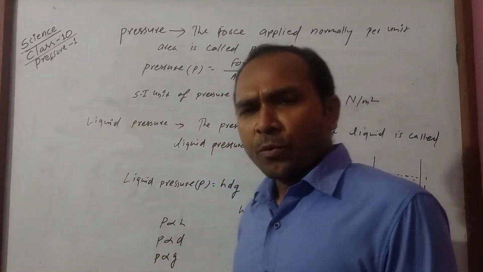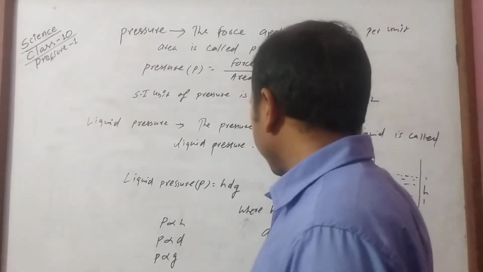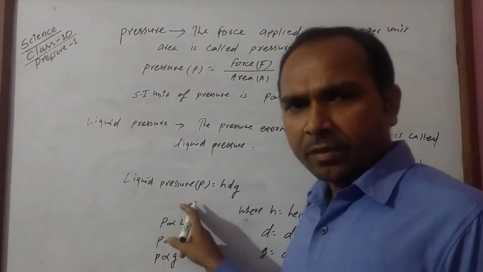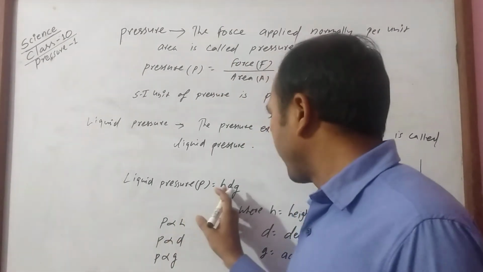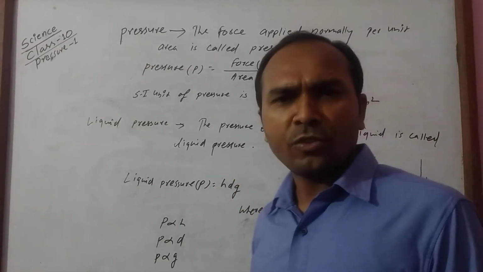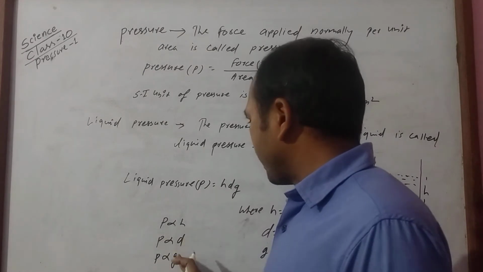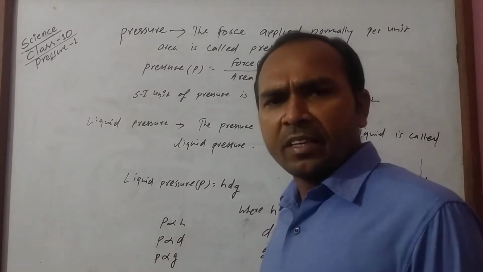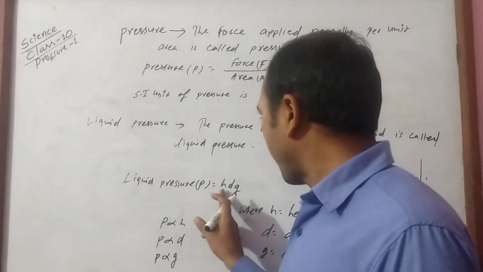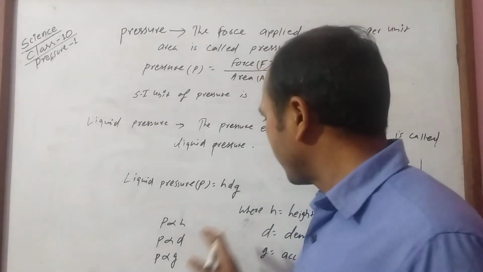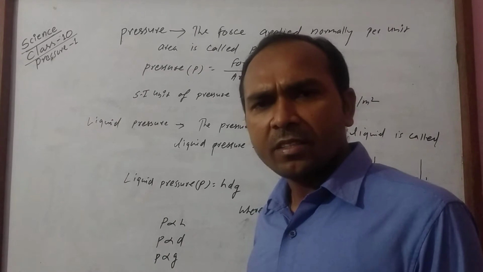It means when the height of the liquid column increases, then pressure also increases when density and acceleration due to gravity are constant. Another, when density increases and height of liquid column and acceleration due to gravity remain constant, then pressure also increases.